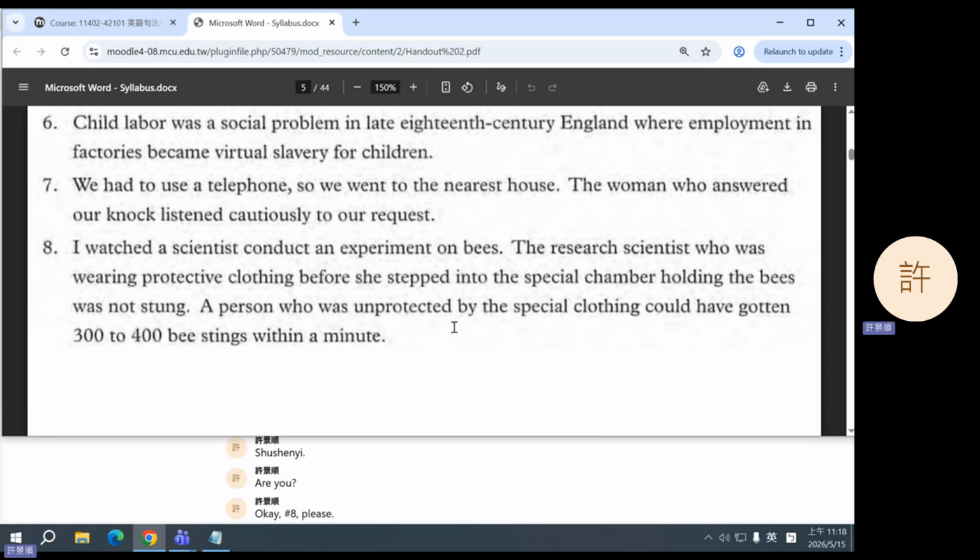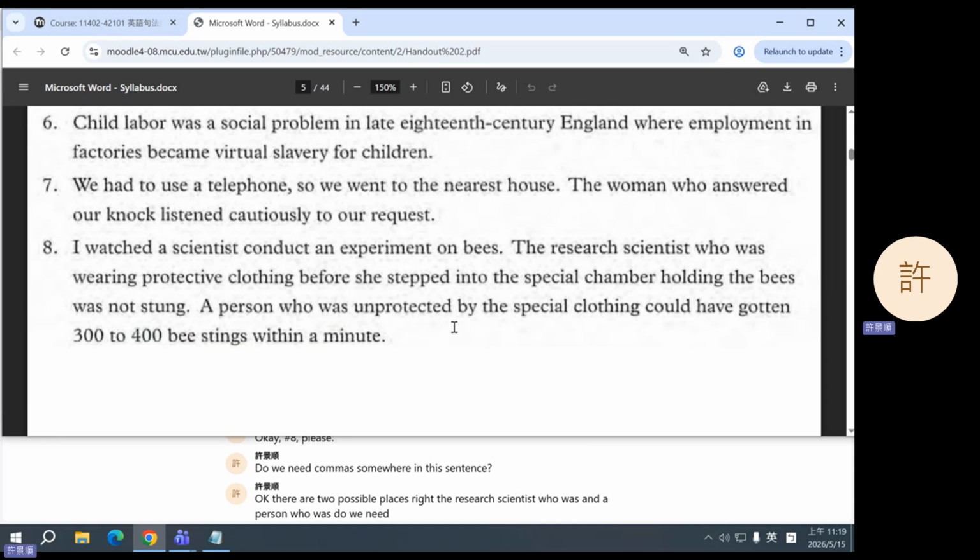Okay, number 8, please. Do we need commas somewhere in this sentence? Okay, there are two possible places, right? The research scientist who was, and a person who was.